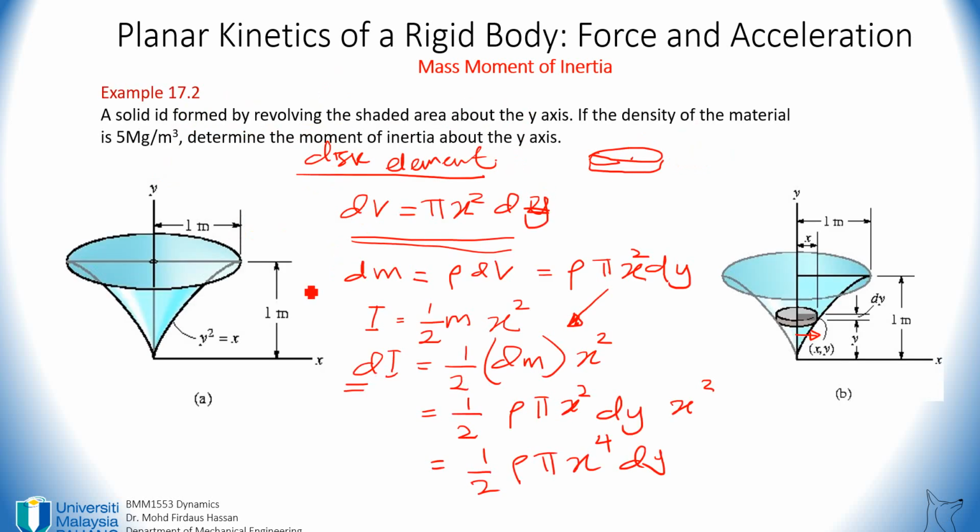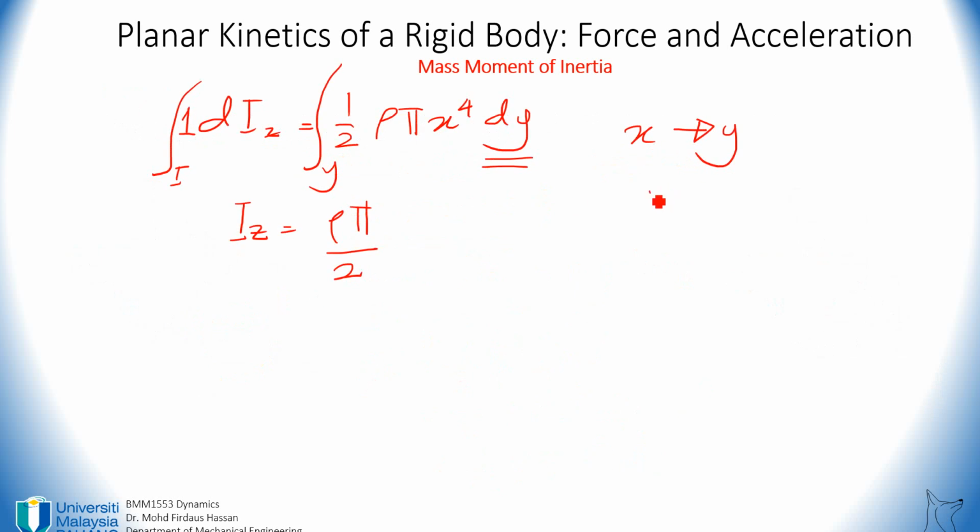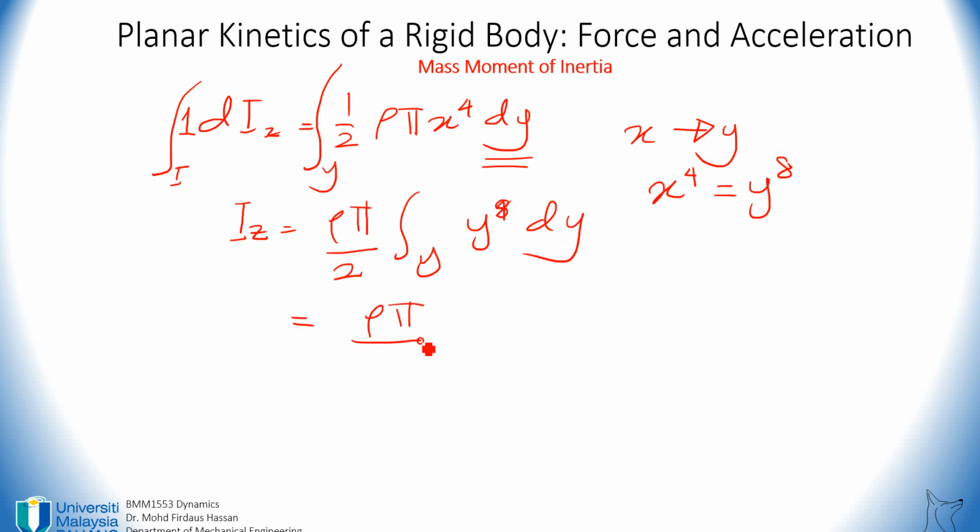In this problem, x is equal to y squared, so x to the power of 4 is equal to y to the power of 8. Then you integrate y to the power of 8 with respect to y.